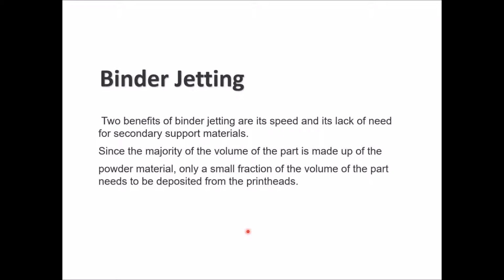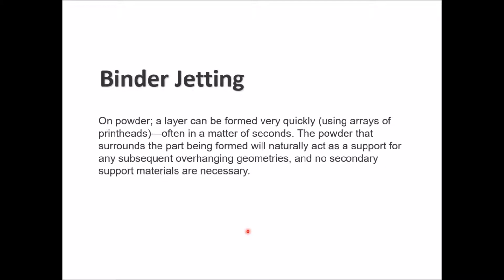Since the part is made of powder material, only a small fraction of the volume needs to be deposited from the print head. The rest of the part, as we mentioned, will be sitting inside that powder and well supported in place.